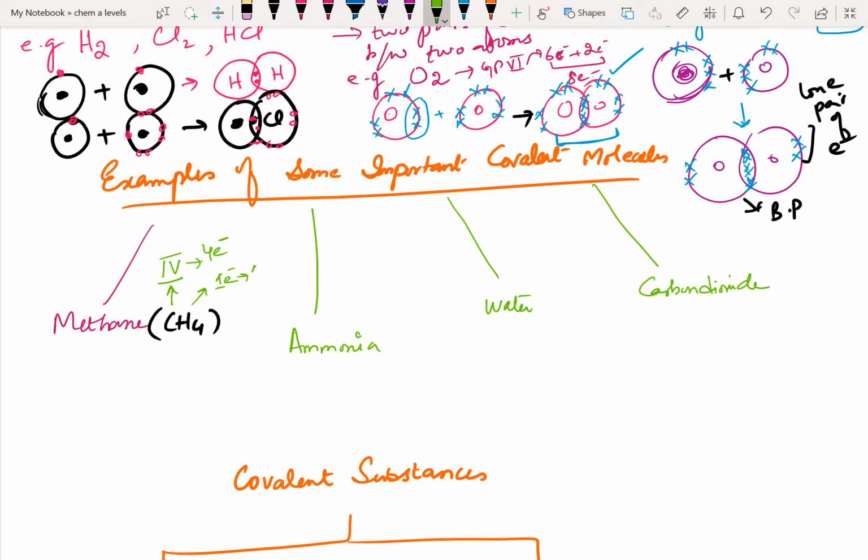It needs 1 more. So the atom which is going to share more electrons will be drawn in the center while drawing the structure.